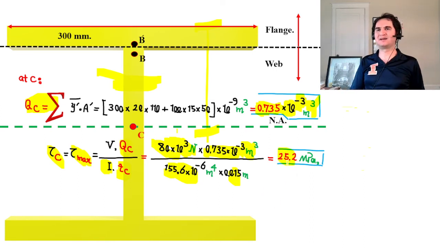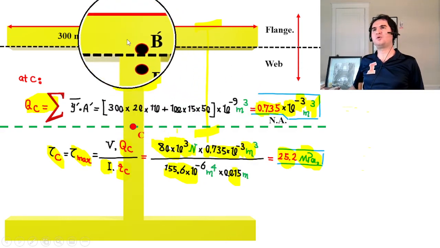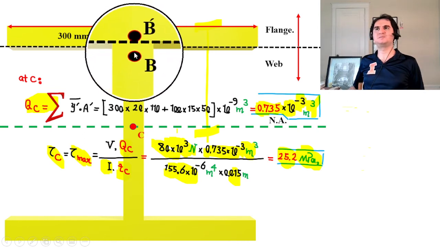And that's a higher value than the previous two values. So what we have done so far, we just go by two points at the separation line. One is B, the other is B prime.